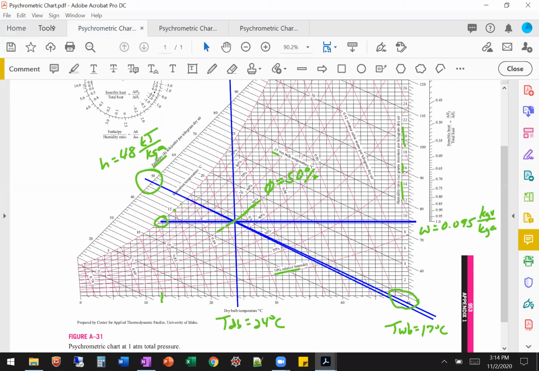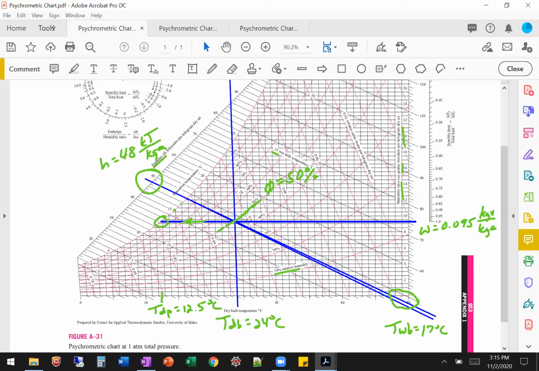That looks like a dew point of 12.5 degrees Celsius. Any questions on that one? Basically, we took our point and went this way until we hit that 100% relative humidity curve. All right, so that's our dew point.